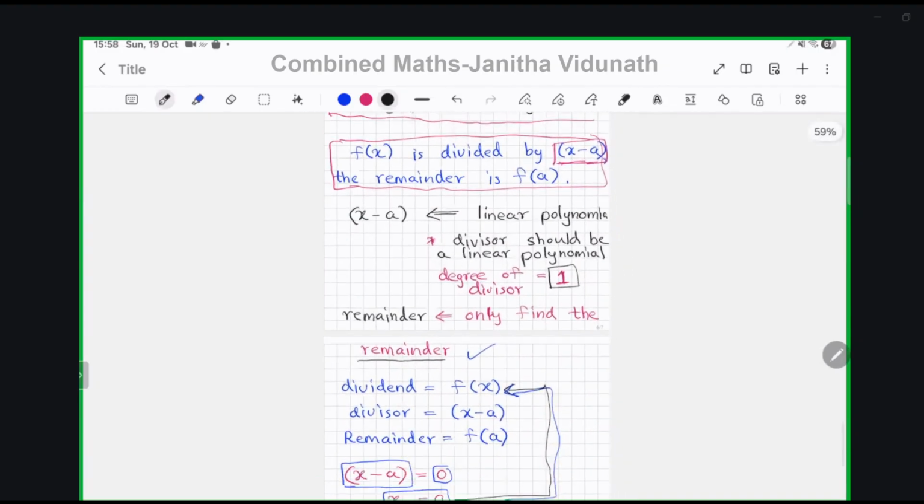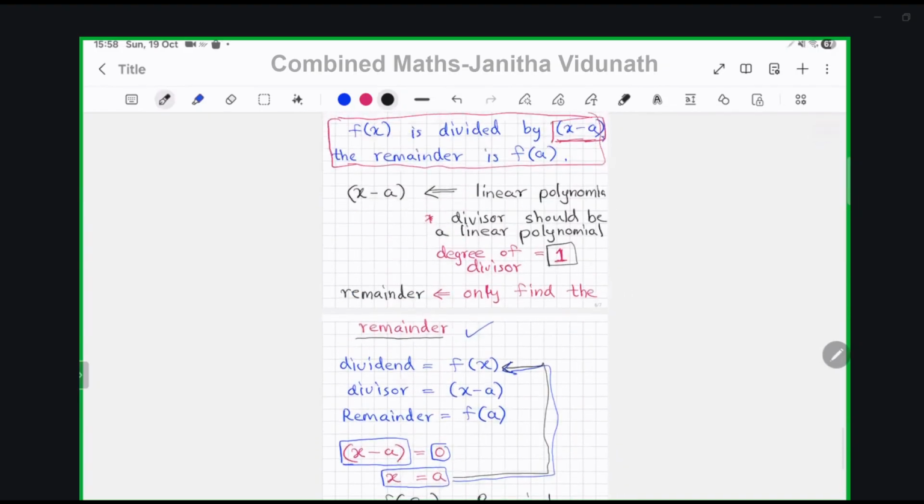Okay, write to start writing from here. The remainder theorem is a very simple one and most used in our A-level papers. That means we mostly use this remainder theorem because it is easy to find remainders if we divide by linear divisors.